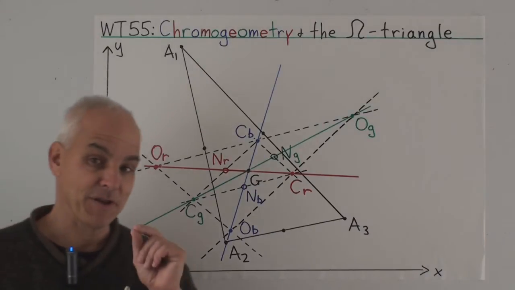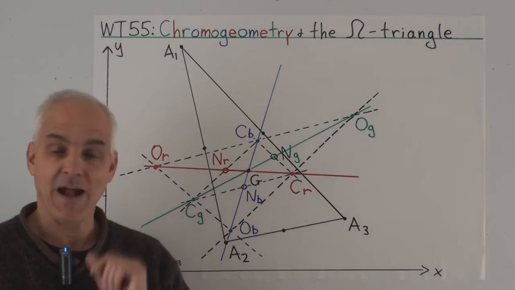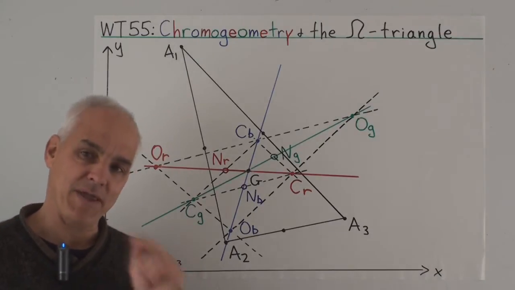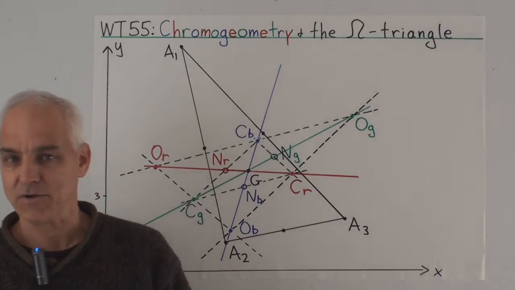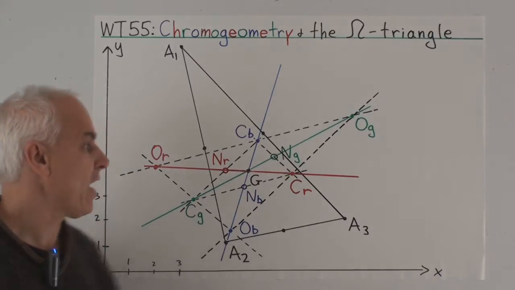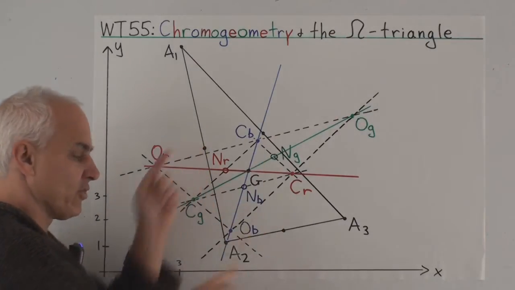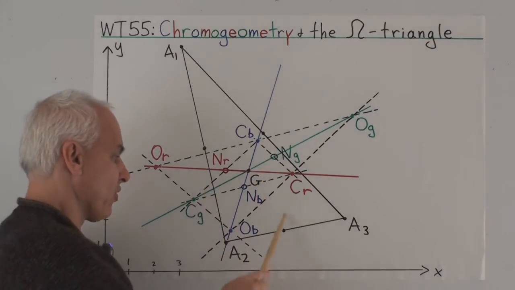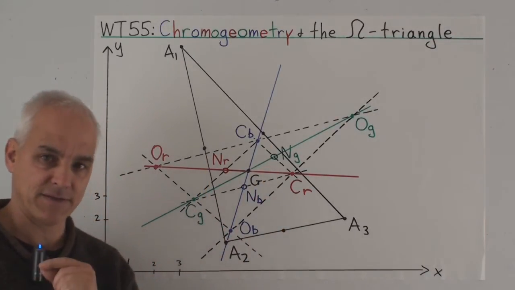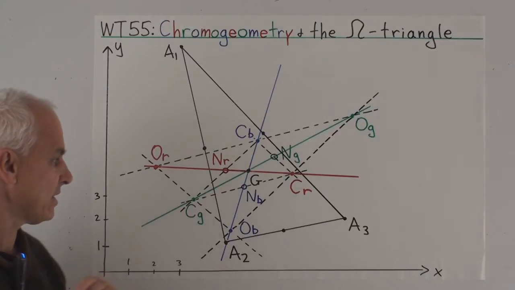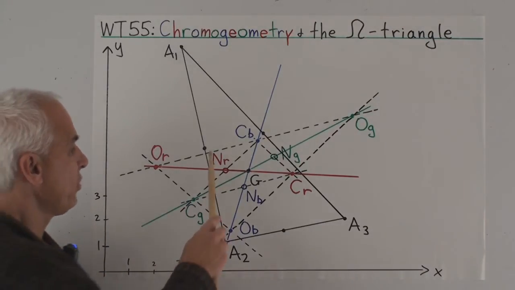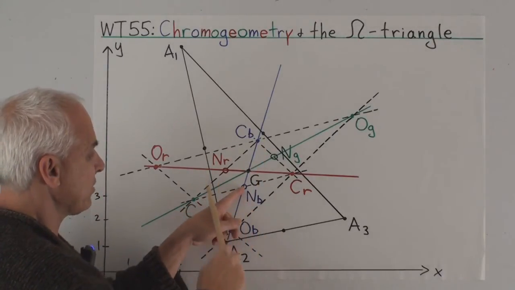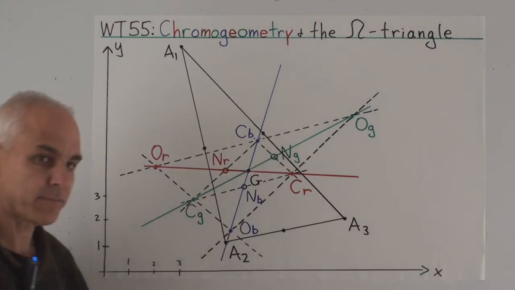Now there's some additional 3 points which are also interesting, and these are the 9-point centers. The 9-point center is what we get when we do the circumcenter construction on the triangle of midpoints of the original triangle. So what we're doing is we're looking for the center of the circle that passes through the 3 midpoints. That's called the 9-point center. So for the blue geometry, that's that point right there. That's the center of the circle that passes through these three midpoints.